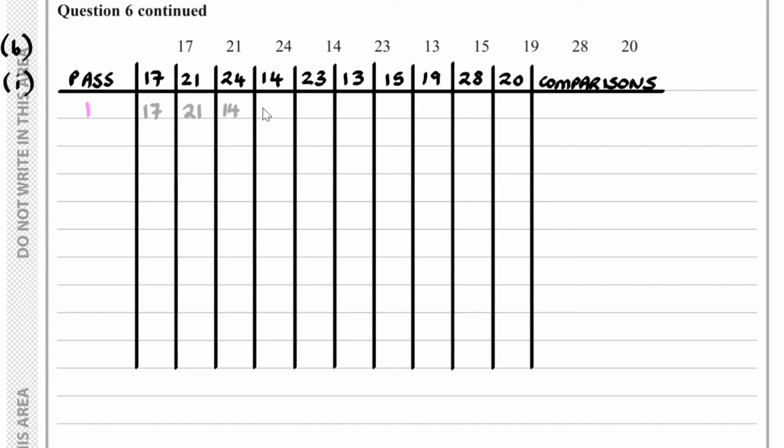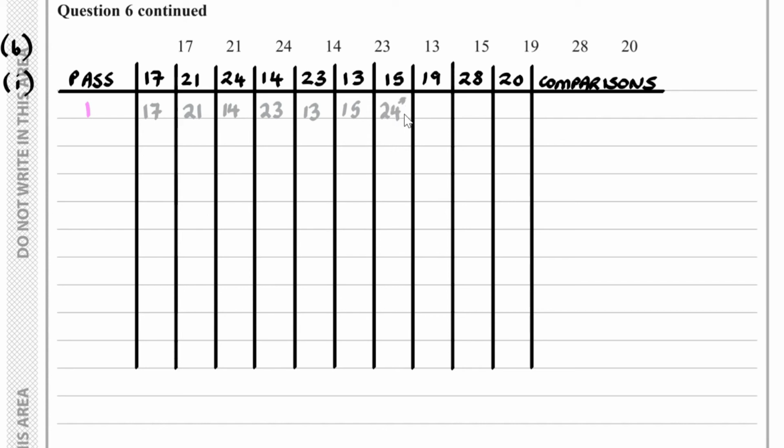So 14 goes here. And now we compare the 24 with the 23. 23 is smaller. So that 24 we compare with 13. 13 is smaller. We compare the 24 with the 15. 15 is smaller.